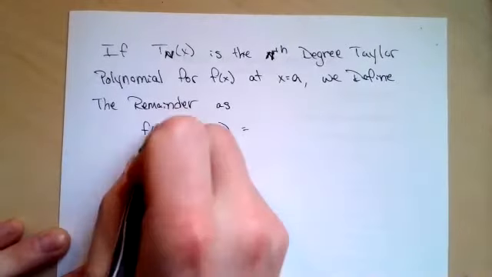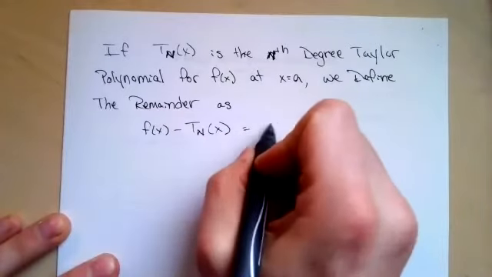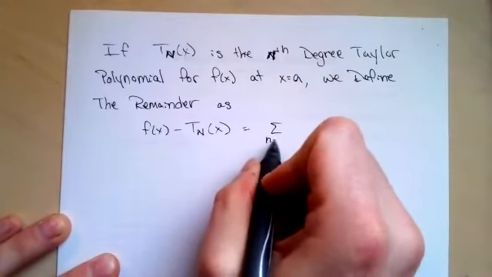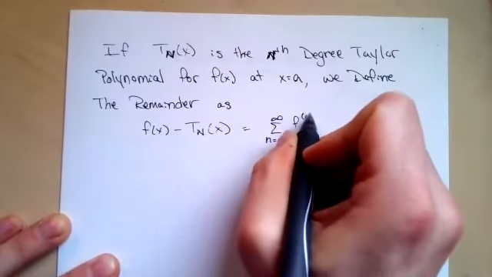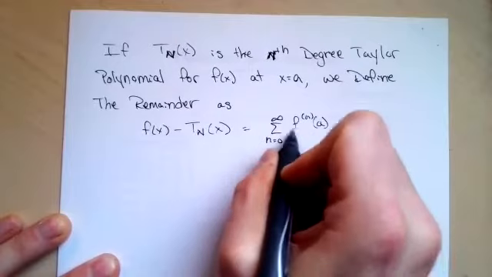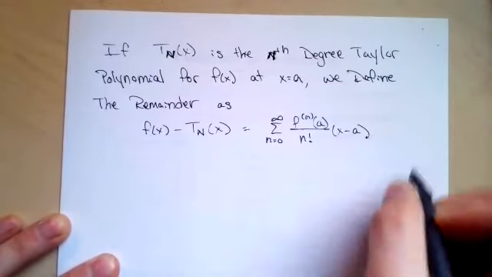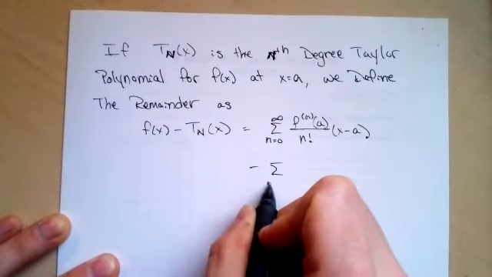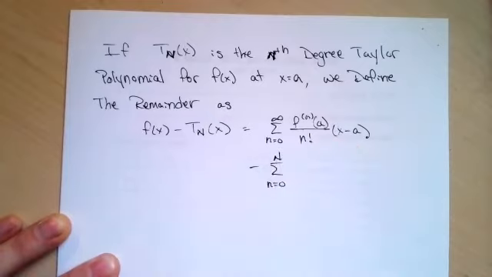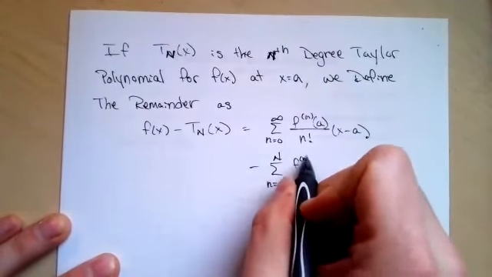In other words, if f of x has a well-defined Taylor series of infinite degree, f of x is going to be this guy minus the Taylor series, which just goes up to degree N.